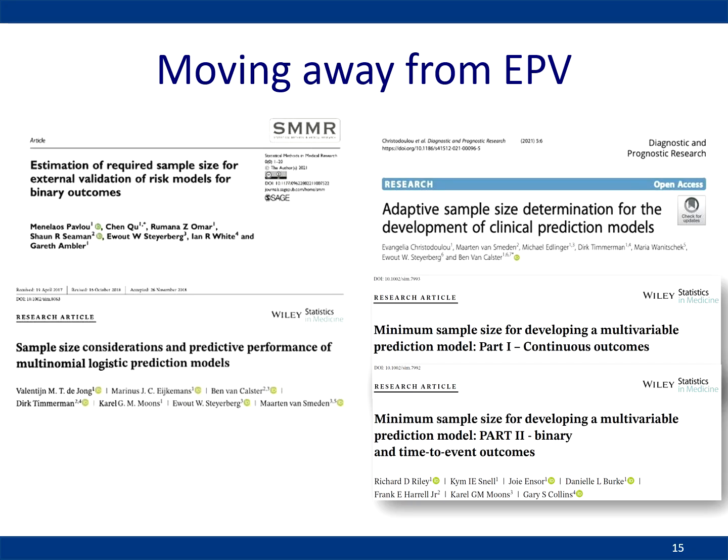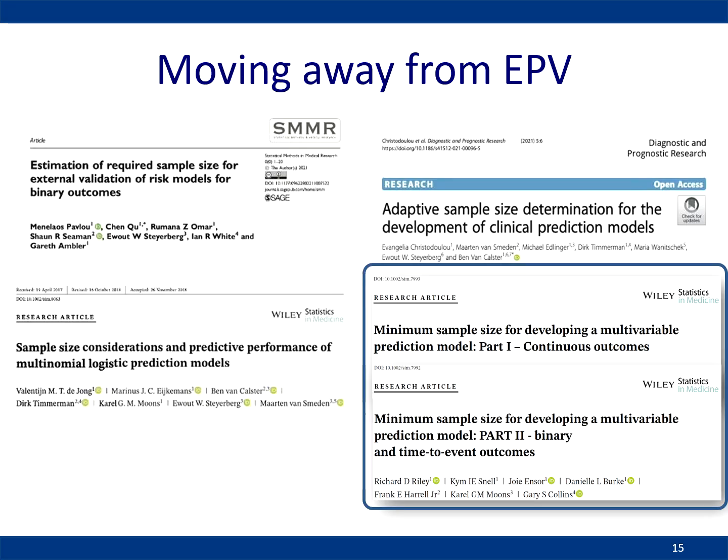So here we can see a selection of references, and I'm going to focus in on these two here that we published in Stats in Med, mostly because this is our methodology and because it's implemented in the pmsampsize package, so it's easily usable.